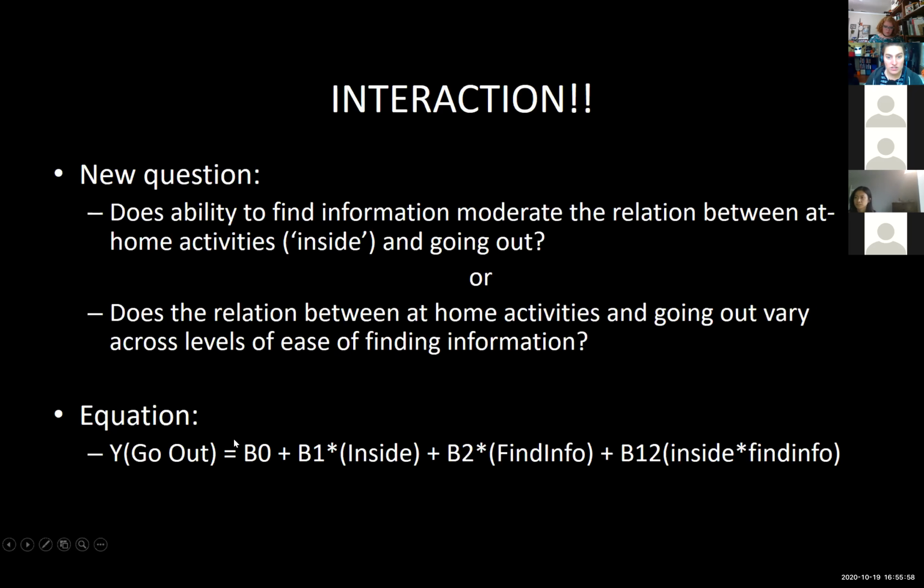Now here's the equation that represents this research question. I still have this part's the same, B0, B1, B2. And now I have my new interaction term, B12 times inside times find information.